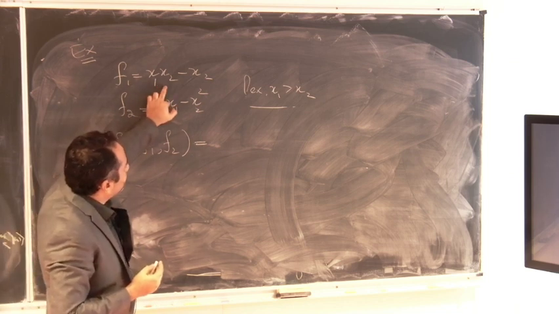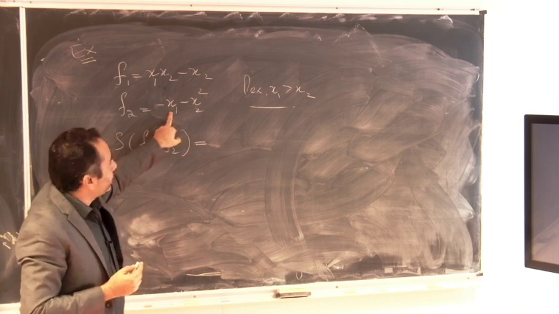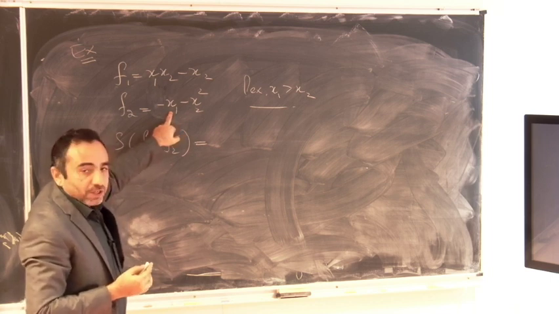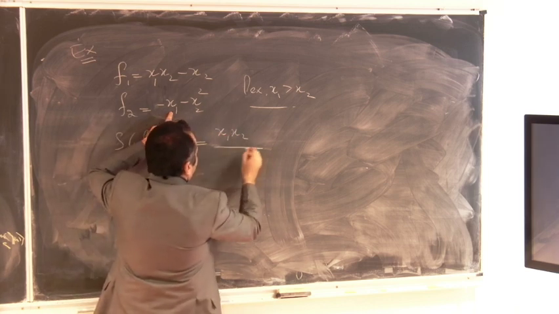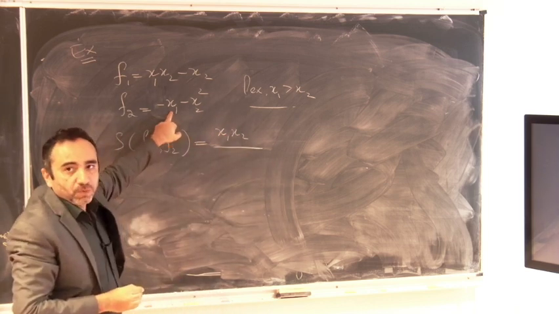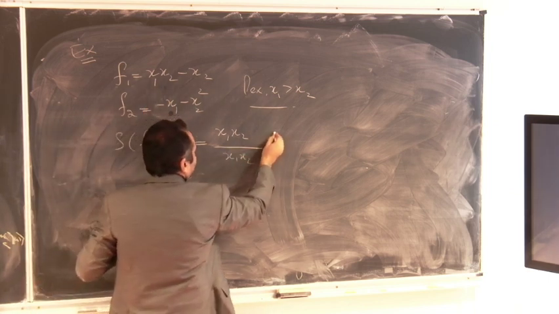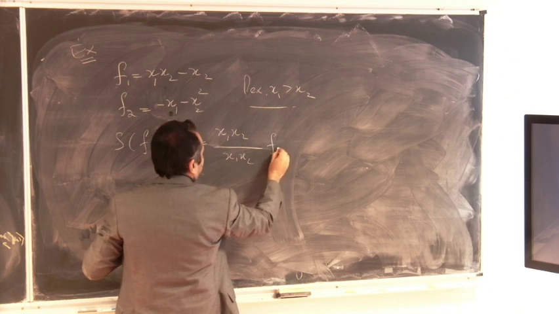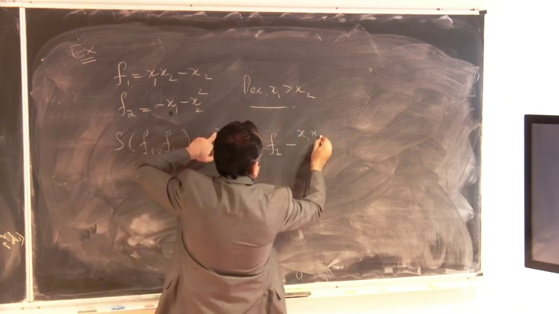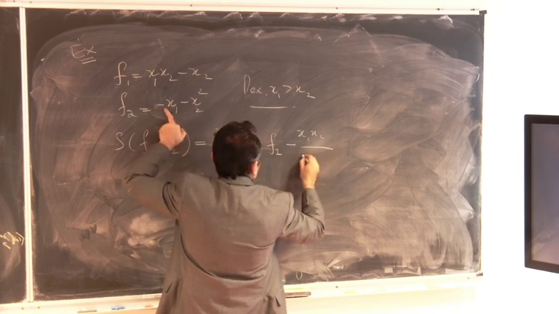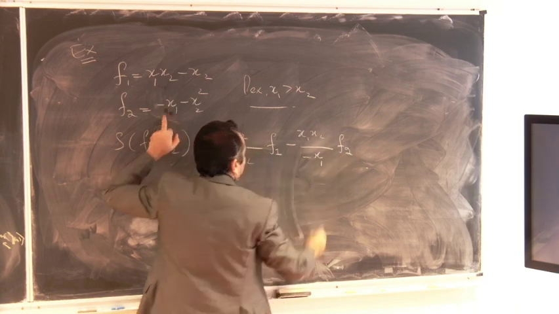Here x1 x2 is the leading term of f1, here minus x1 is the leading term of f2, and when we compute the LCM, it gives us x1 x2. We need to divide it by the leading term of f1, which is x1 x2, and multiply it with f1, minus the same LCM x1 x2 divided by the leading term of f2, which is minus x1, multiplied with f2.